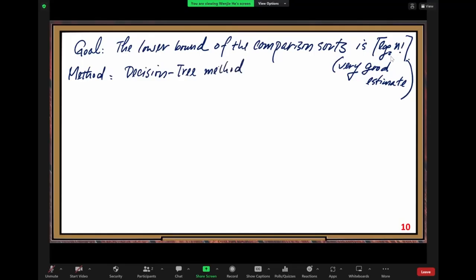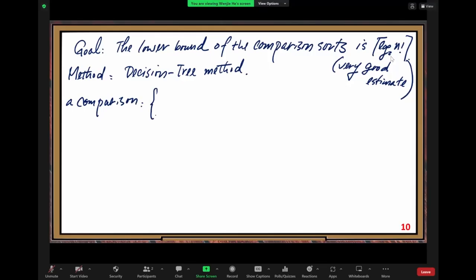Very interesting, very useful. So what is a decision tree? Let's consider a typical comparison. When we look at a comparison, how many different outcomes do we have in general?